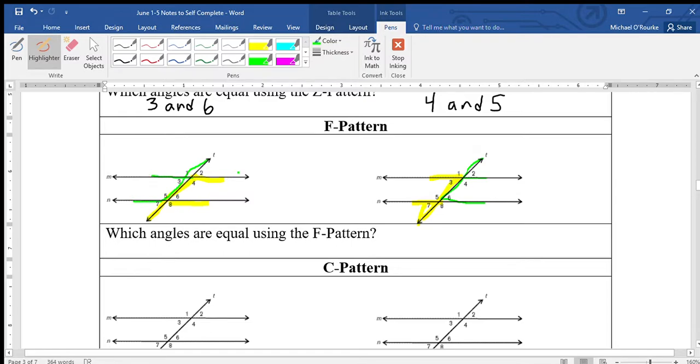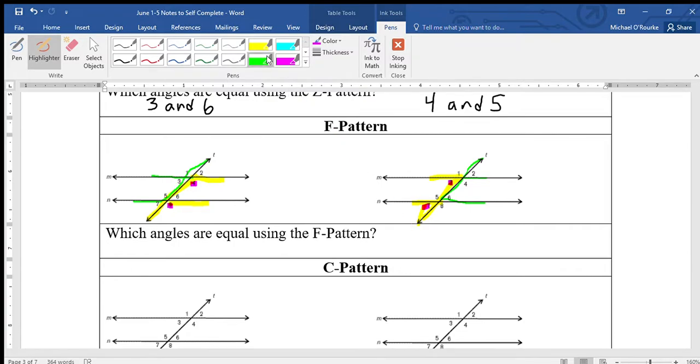So what is equal here? I'm only going to really work with the yellow for you. If I take a look here with the yellow, this 4 here is actually going to be equal with the 8. So the 4 and the 8 are equal over here. On this one over here, it would be the 3 and the 7.